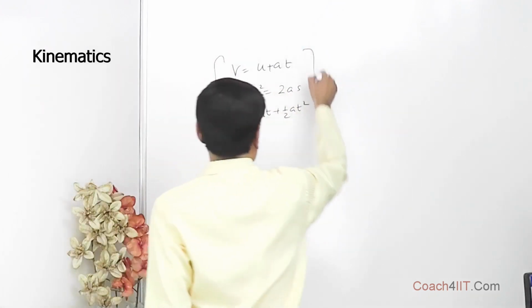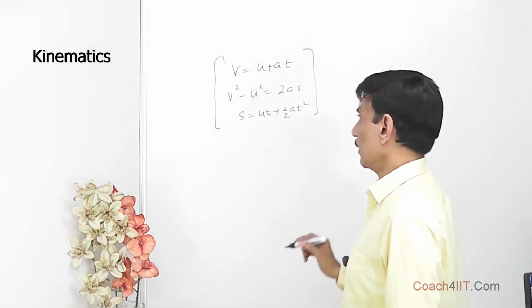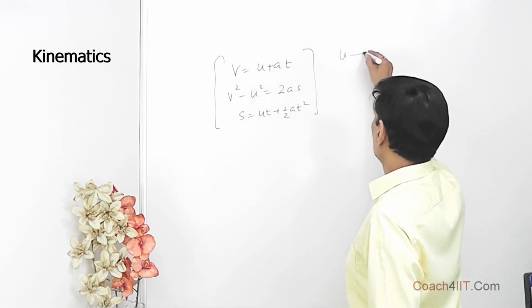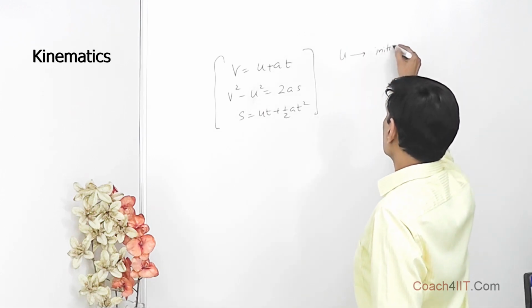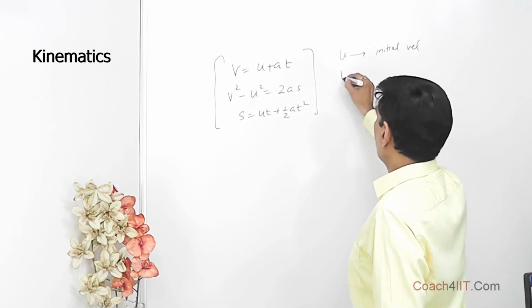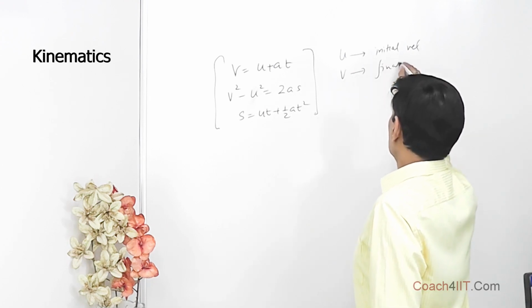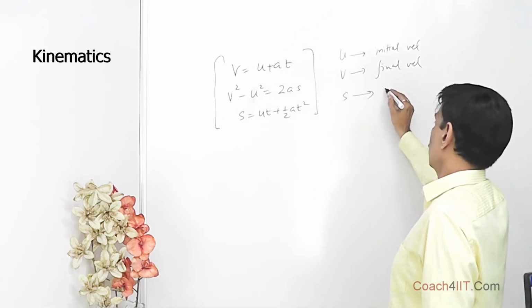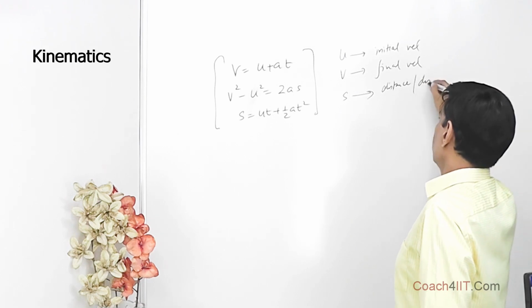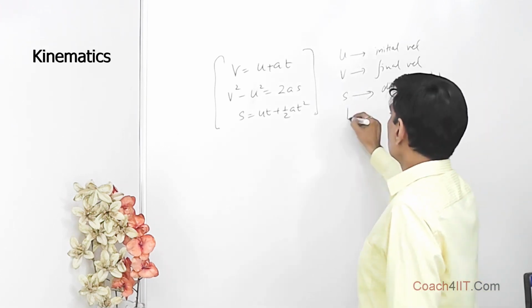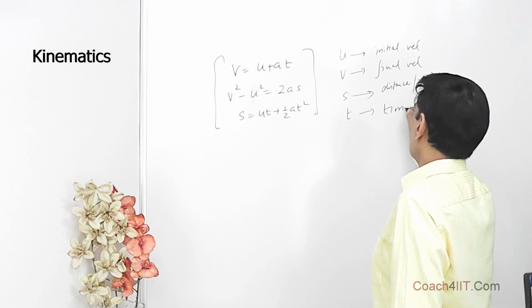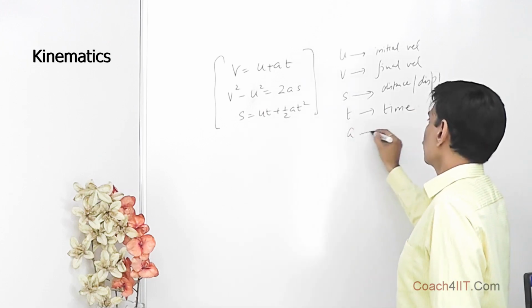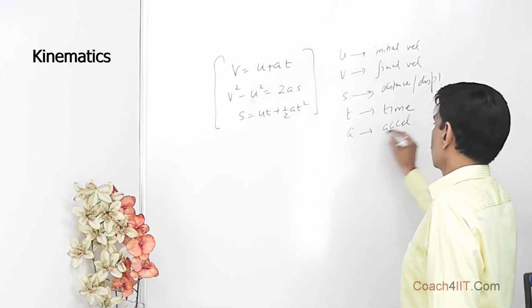These are primarily three basic equations of kinematics, where U stands for initial velocity, V stands for final velocity, S stands for, depending on the case, distance or displacement, T stands for time, it is a scalar quantity, and A stands for acceleration.